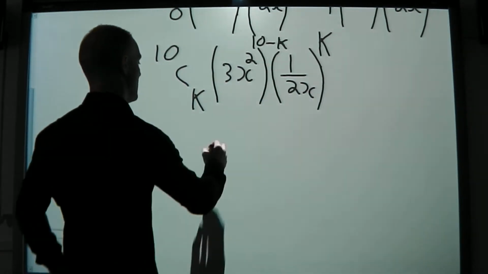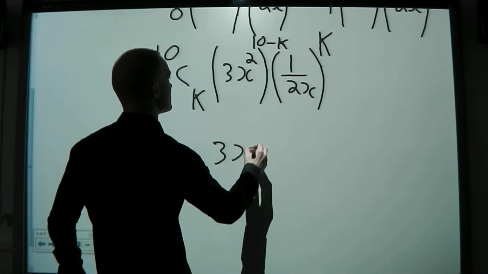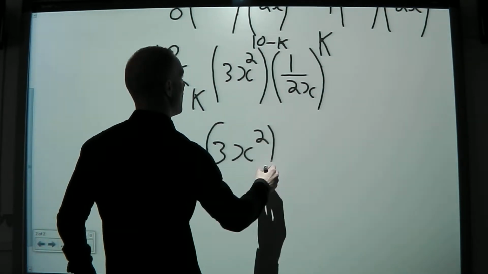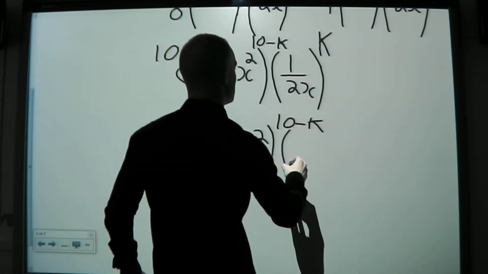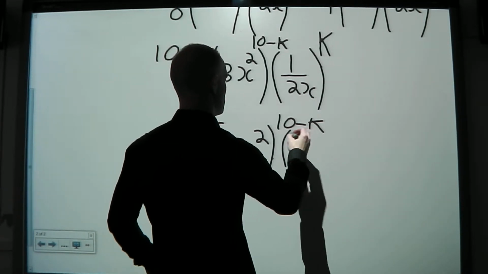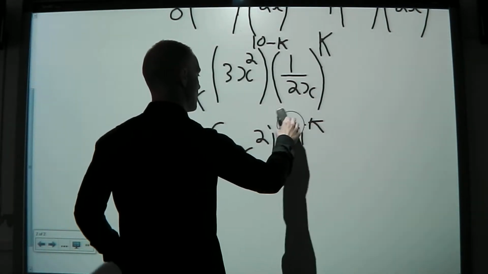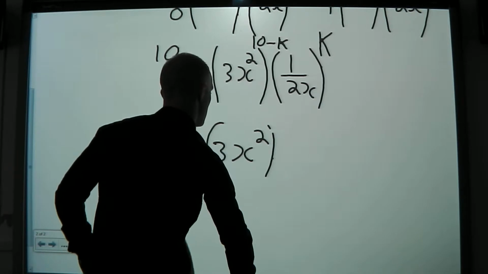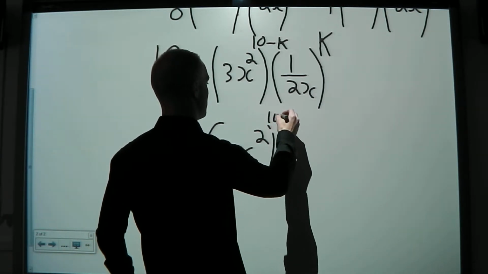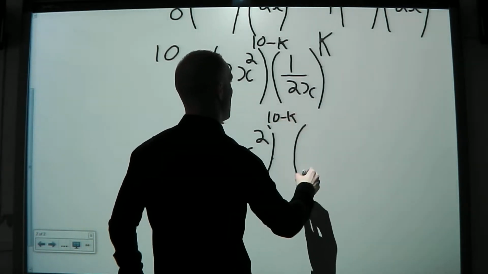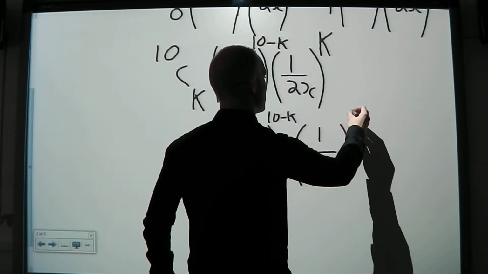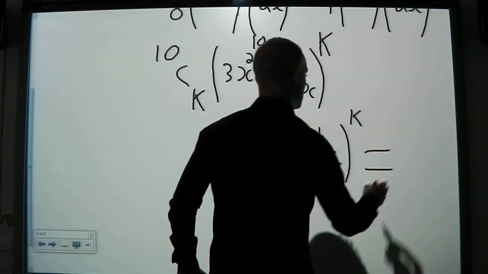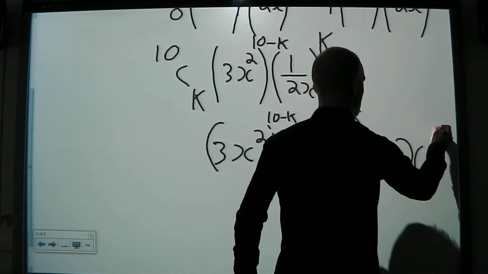So basically we write down 3x squared all to the power of 10 minus k times 1 all over 2x to the power of k is equal to x to the power of 8.